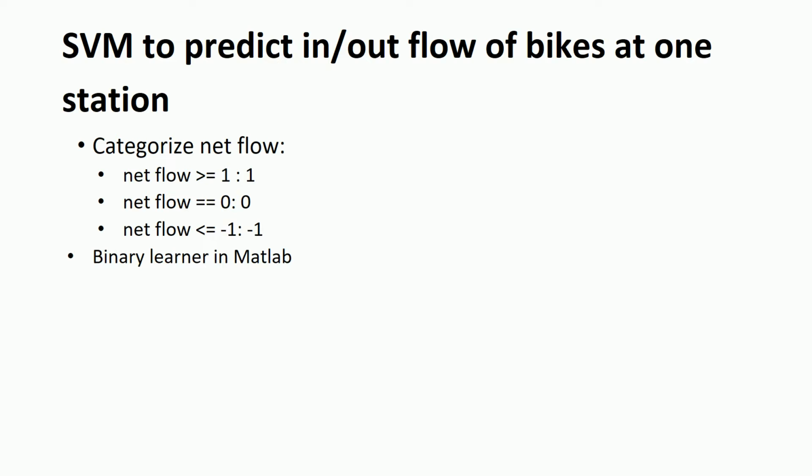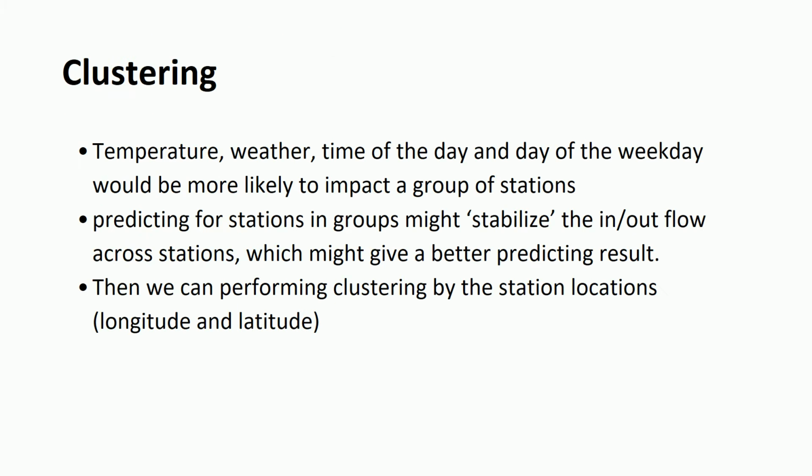To achieve this, we categorize the flows into three categories: -1, 0, and 1. The result of this SVM method is much better than regression, but still needs improvement.